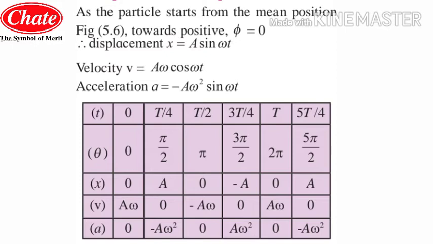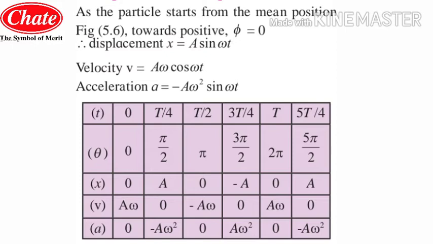Now students, as you can see, in the row for the time t, the first time is 0, and the SHM will start from the initial point at which t will be 0.